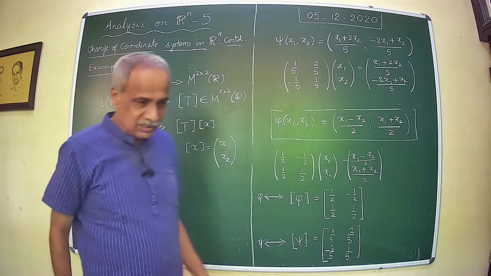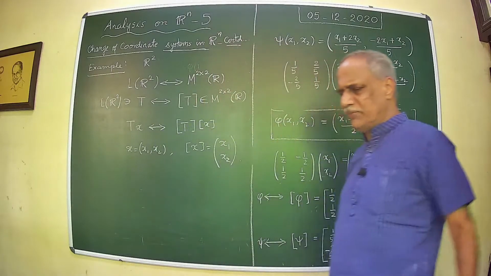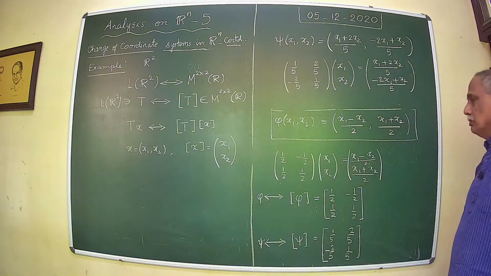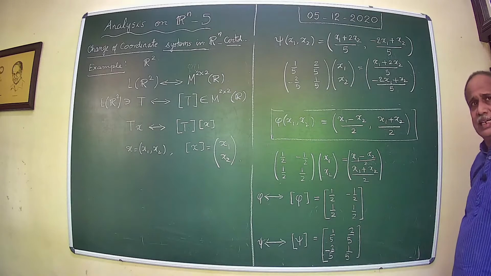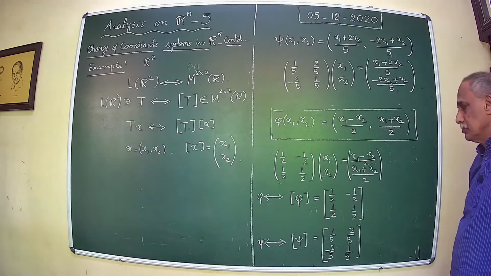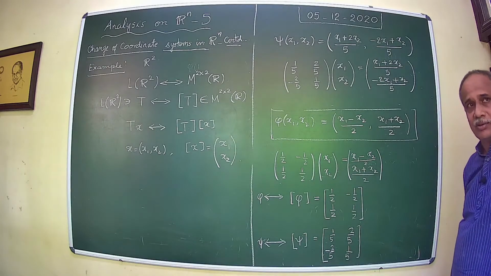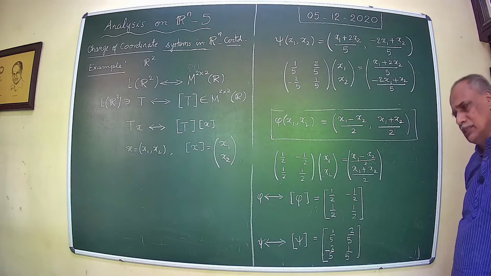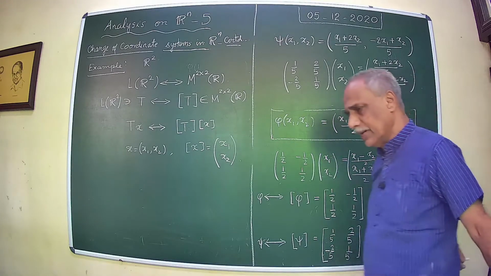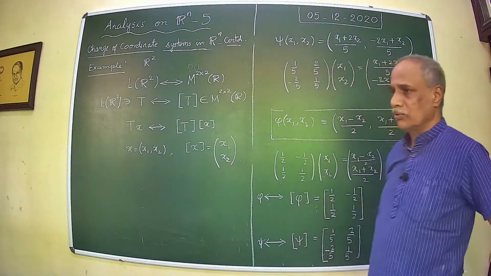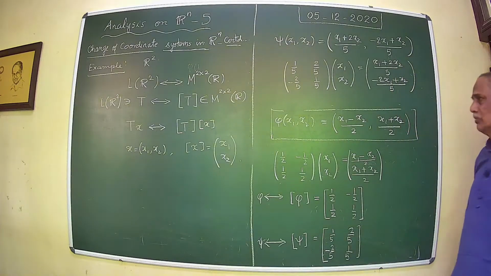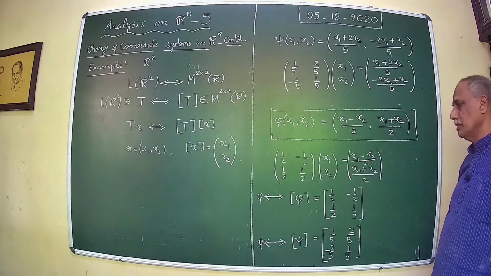For instance, in the specific things that we are considering right now, phi is a linear transformation on R2. Psi is a linear transformation on R2. Both are isomorphisms. Therefore, they are invertible. The inverse exists and the inverses are also linear transformations.